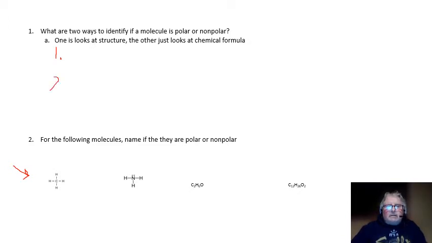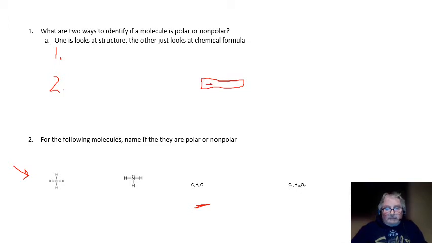The second is if you're not given the chemical structure and you're just given the chemical formula, you can tell if a molecule is polar or nonpolar if the ratio of carbons is greater than 3 to 1, then it's probably going to be nonpolar.